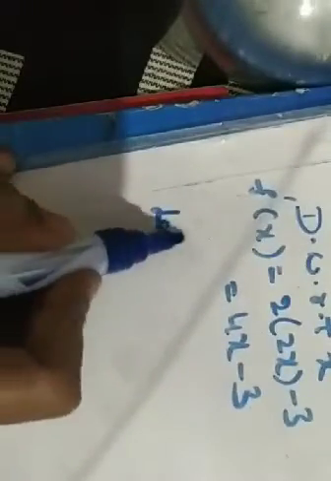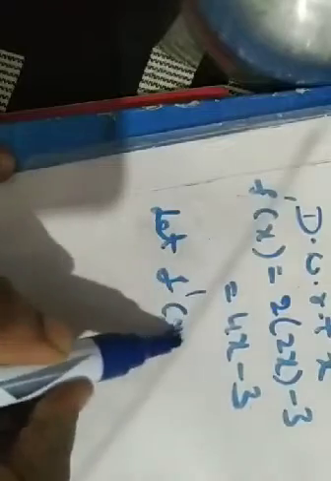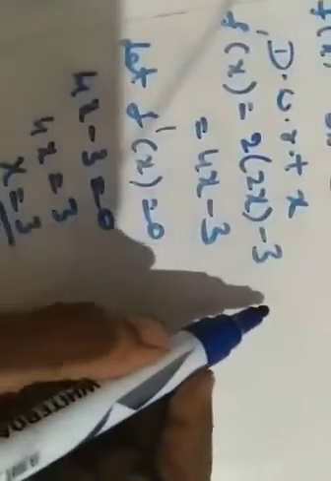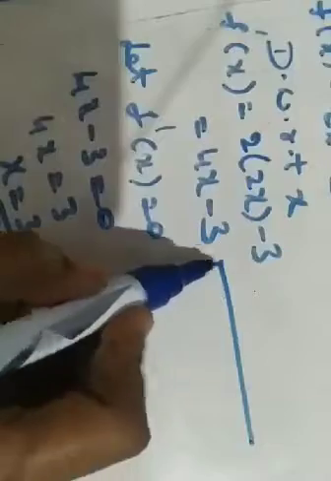Let f dash be equal to 0. To find the intervals, you take f dash of x equal to 0. It becomes 4x minus 3 equal to 0, 4x is equal to 3, x is equal to 3 by 4.